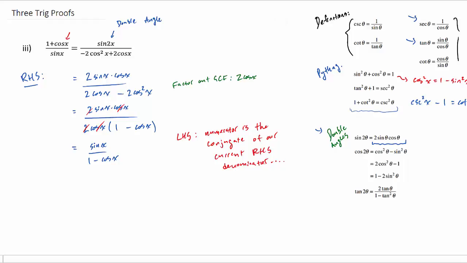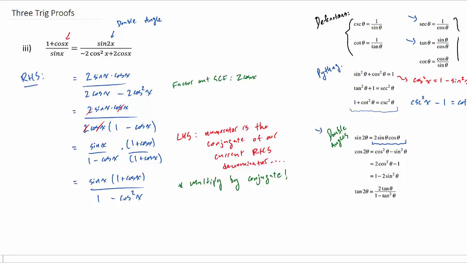So usually when that's the case, we need to multiply by the conjugate of the denominator, which in this case is 1 plus cos x. And that should work out well because it's going to give us the numerator that we're supposed to have. So times by 1 plus cos x over 1 plus cos x.